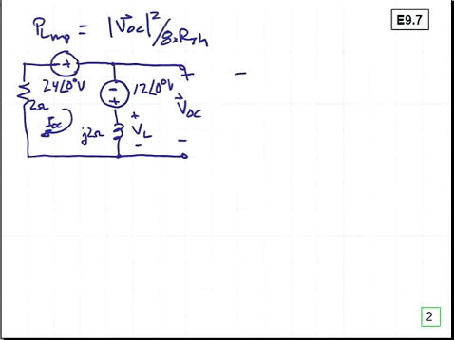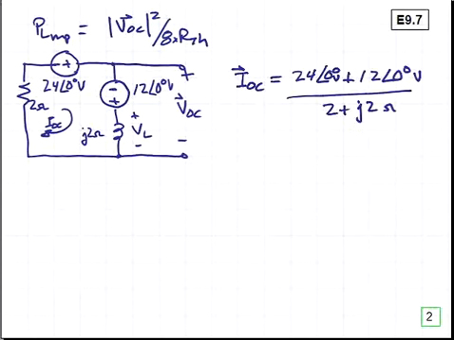We'll calculate I OC as the sum of the voltages in that loop divided by the impedance in the loop, or the phasor current I OC is equal to 12.728 at an angle of minus 45 degrees amperes.